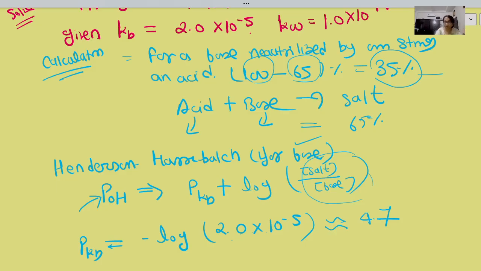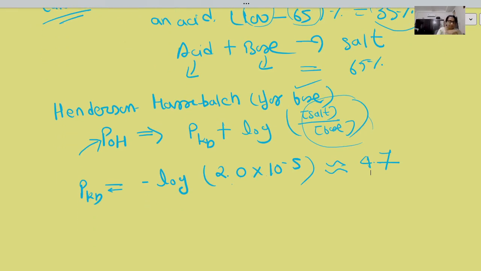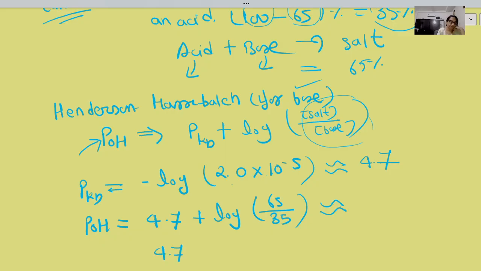Now put the value in the pOH formula of the base: pOH is equal to 4.7 plus log of 65 divided by 35. After calculation of this equation we get approximately 4.7 plus 0.27, and the approximate value is 4.97.